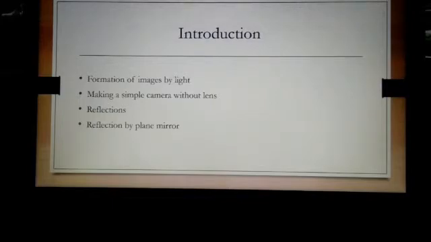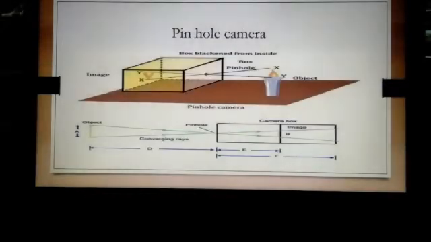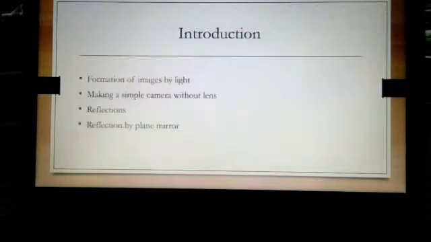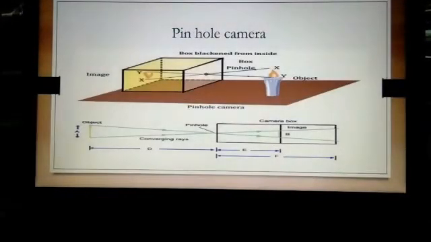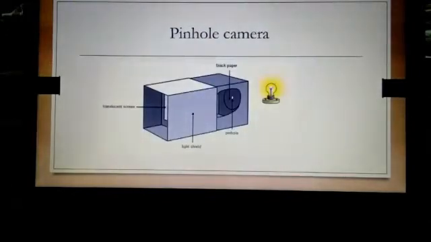Now, in today's class, I am going to explain about the pinhole camera and reflection. Pinhole camera is working under the principle of light rays travel in a straight line. See, this is pinhole camera.